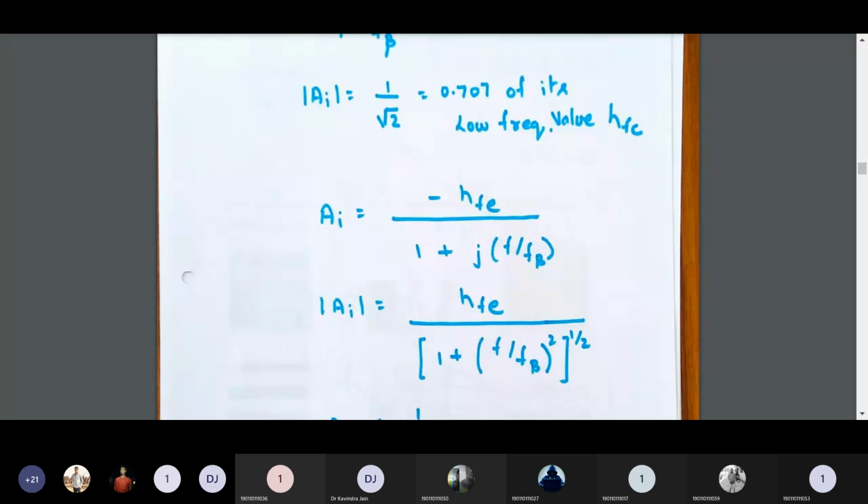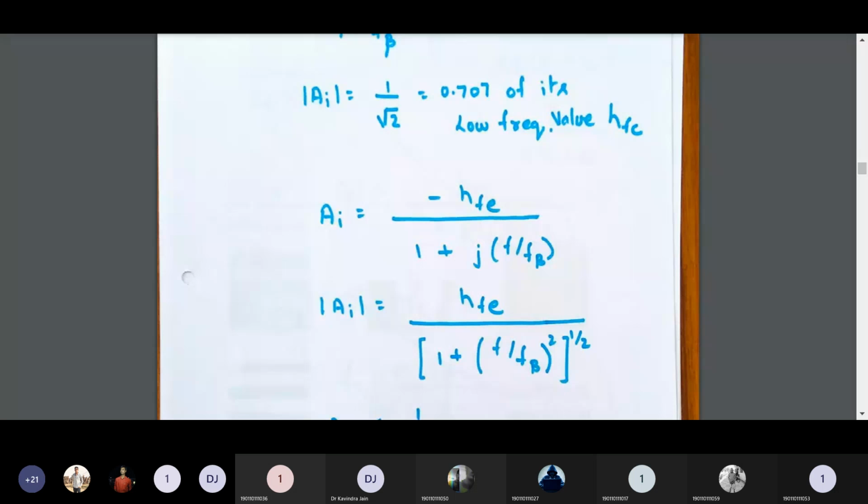Now that is the breaking point for our subject of analog circuit design. That is how the transistor is going to react at higher frequencies. We have analyzed from these equations that the current gain is decreasing with increase in frequency.